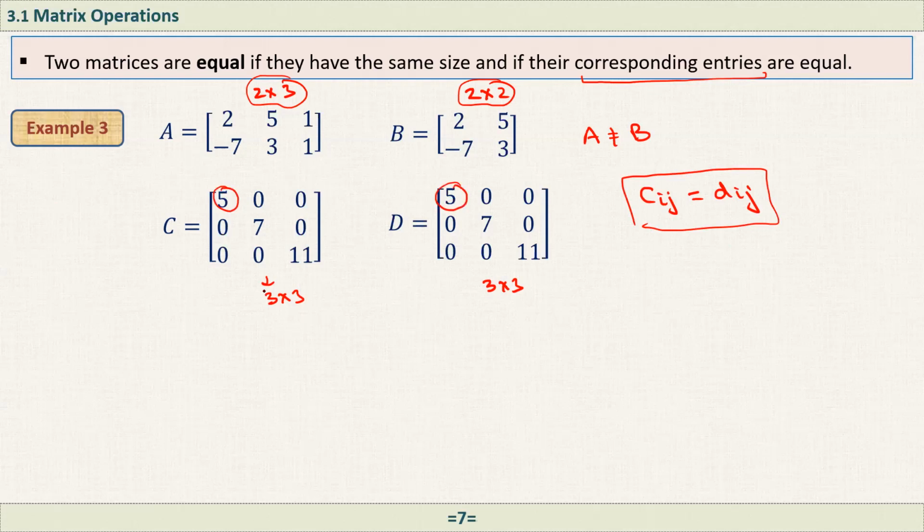It is D11, C11. And this one, C33, corresponds to this D33. Are they equal? Yes. And how about this one? C13 and D13. Are they equal? If you look at these two matrices carefully, as you see here, all corresponding entries are equal. That means that now we can say that the matrix C is equal to matrix D.